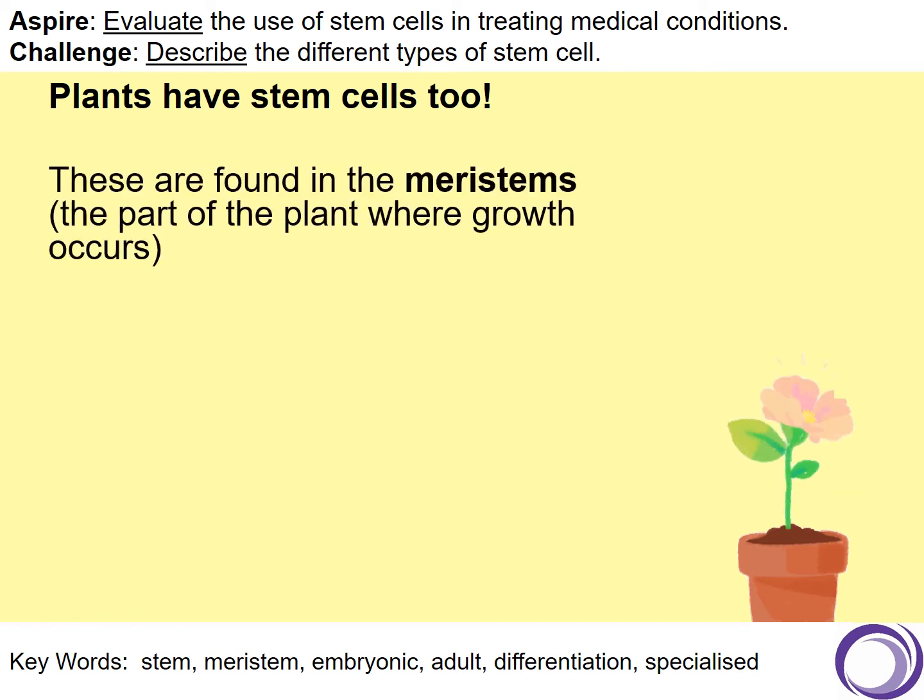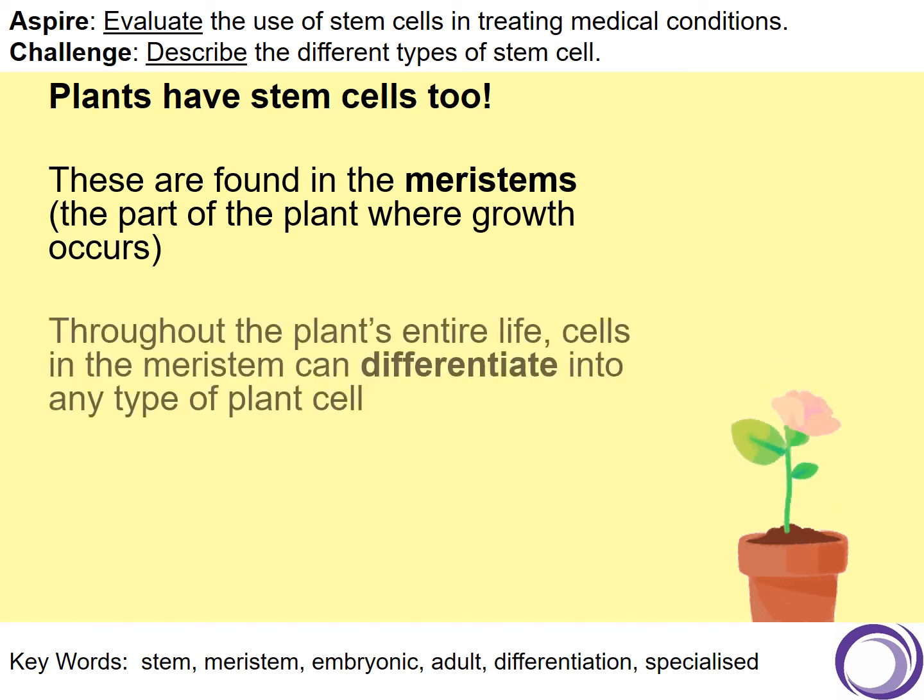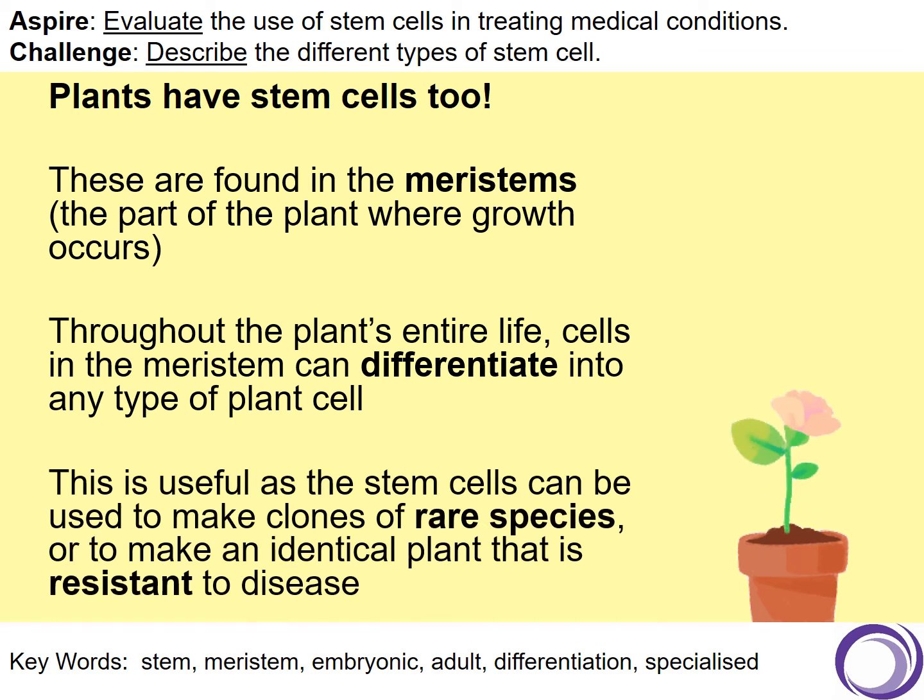The other one that you need to be aware of is that plants also have stem cells. All plants have these. They are found just below a leaf on the stem, and they're called meristem cells. They have them for their entire life, so these cells will always be able to differentiate into different types of plant cells. Really useful. If I want to clone a plant, I just cut the top of the plant off just below where a leaf is, stick it into the ground, give it a couple of hormones, and it'll create some roots because it has those meristem cells.